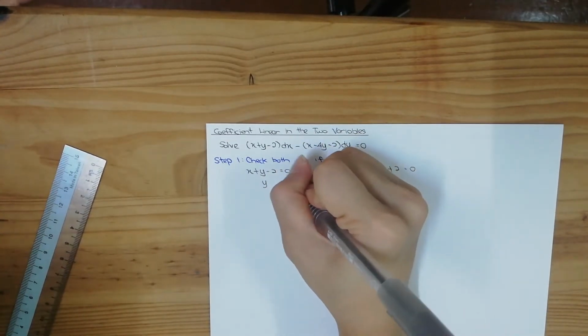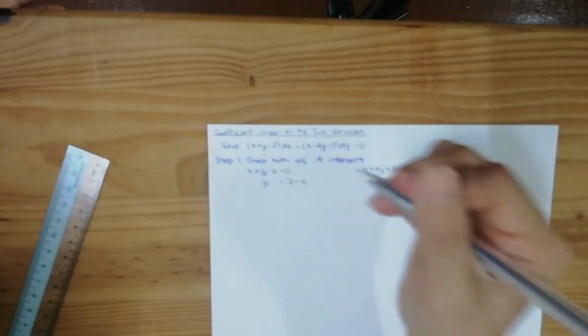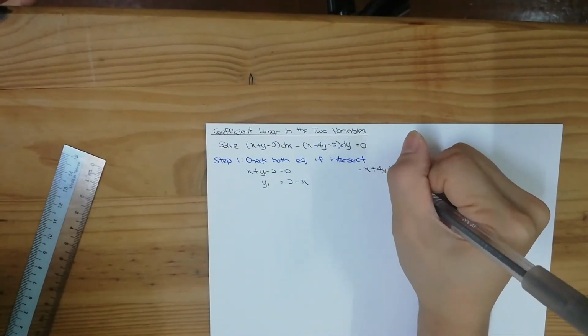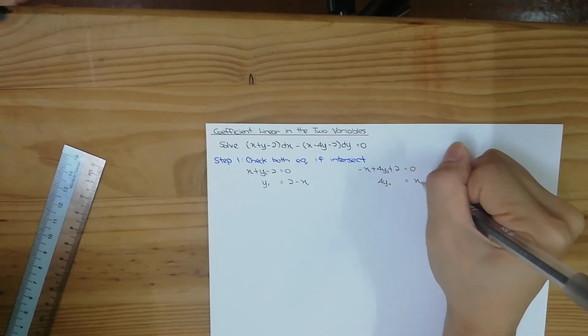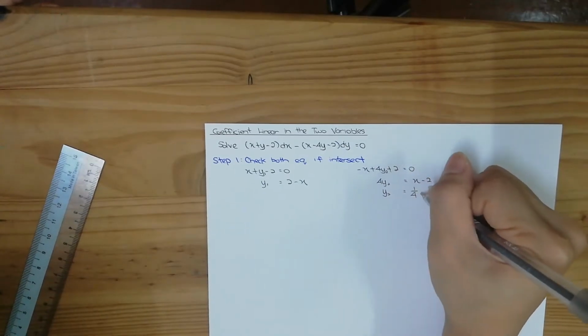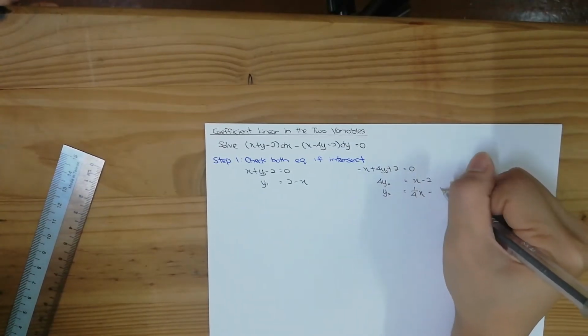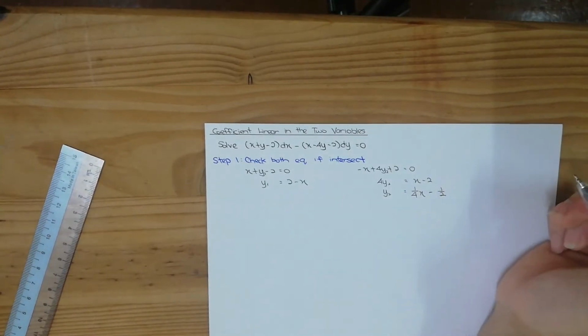We get y = 2 - x. I denote this as y1, and this one y2. 4y2 = x - 2, so y2 = 1/4 x - 1/2, because 2 divided by 4 is 1/2.